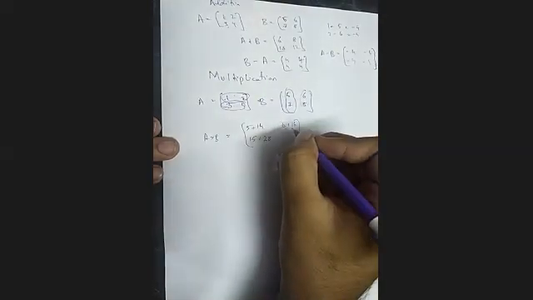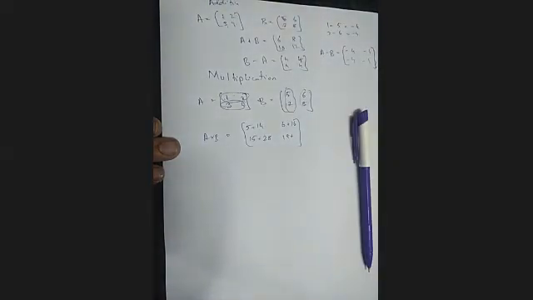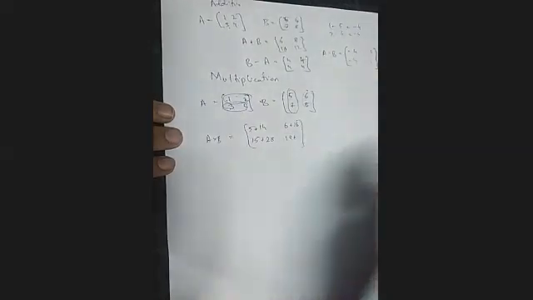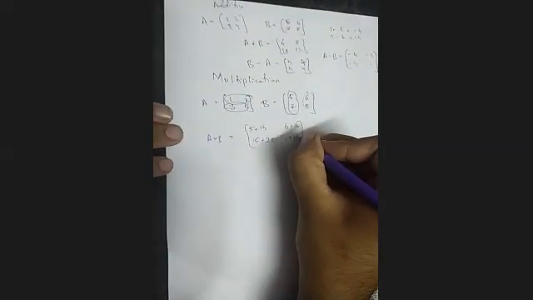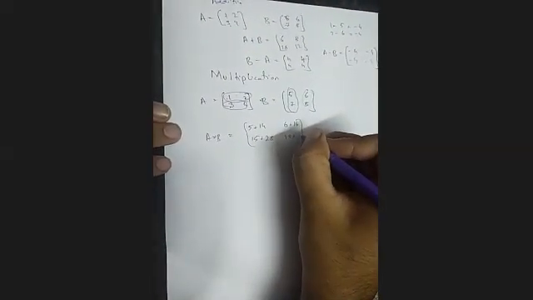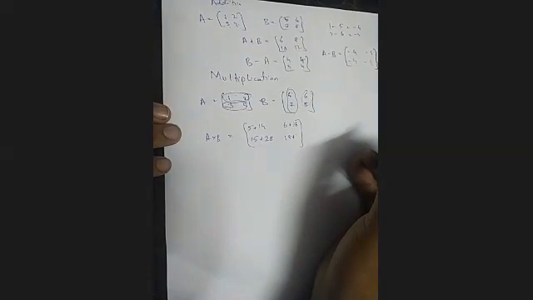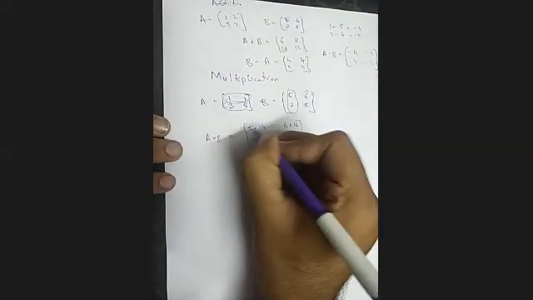Next, 3 into 6 is 18. 4 into 8 is, 4 eights are 32. Now add.